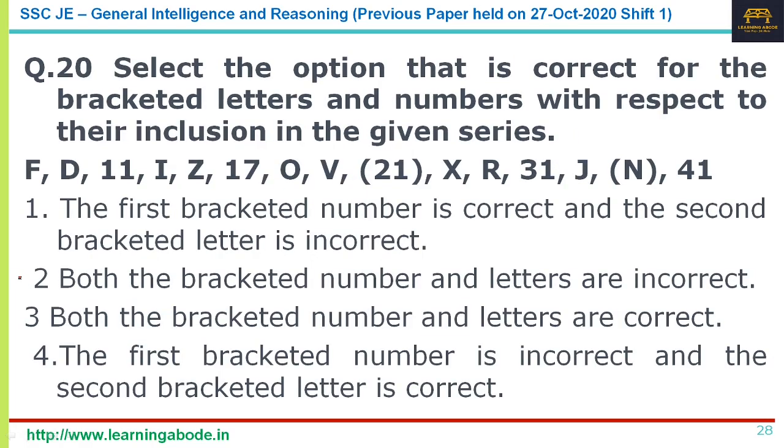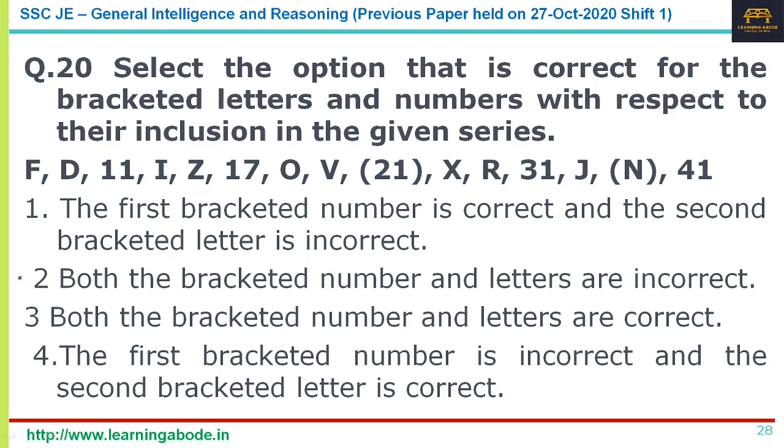Now next is a very interesting question. This type of question was not asked in the 30th October shift 2 paper that I've solved, as I told in the first video also. Here you have a sequence, a combination of alphabet and number sequence, and among these, two are bracketed: 21 and n.